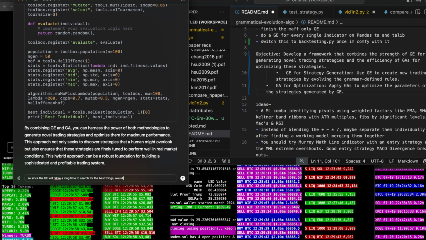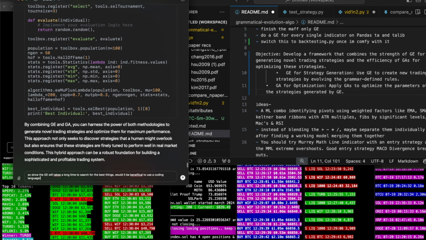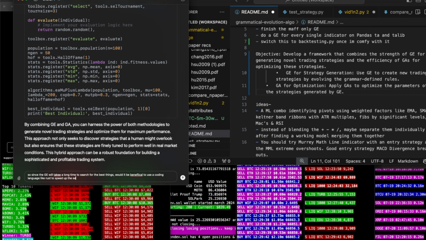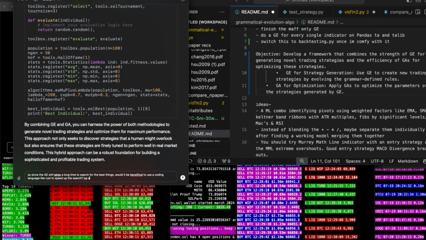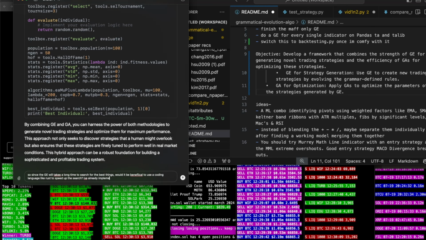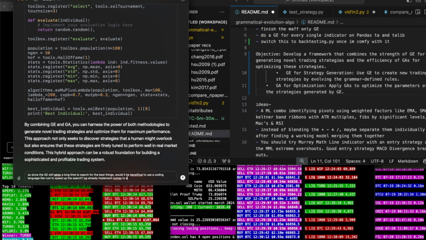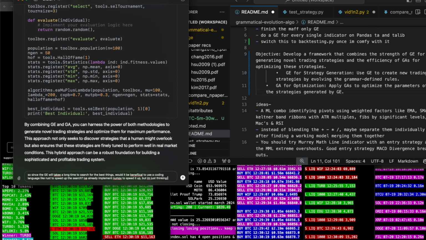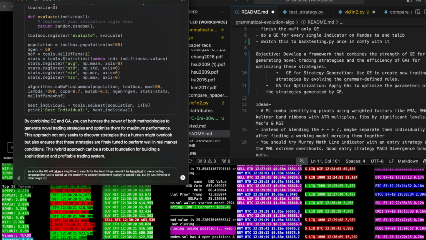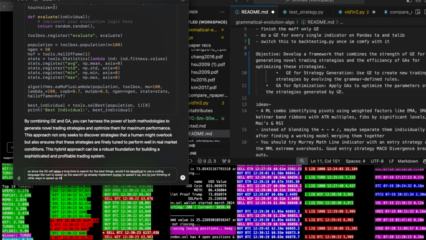Would it be beneficial to use a coding language like Rust to speed up the search? I've already implemented NumPy to speed it up, but I'm just thinking of other ways to speed up the GE.